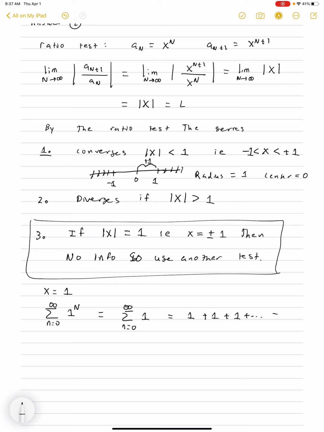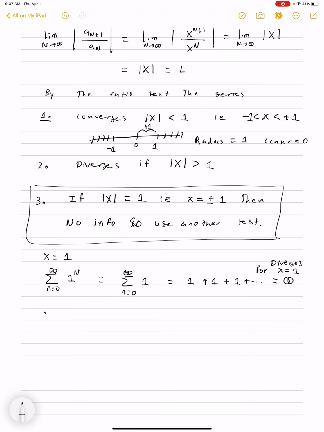This only gets bigger and bigger, so that's infinite. That diverges. So it diverges for x equals 1. Okay, if x equals minus 1, well, this is the sum from n equals 0 to infinity of minus 1 to the n. This is a divergent alternating series.